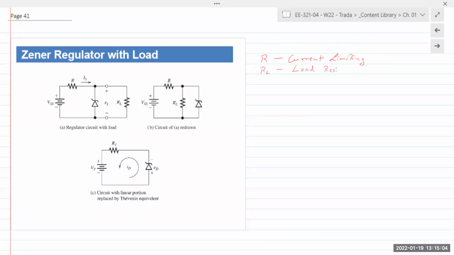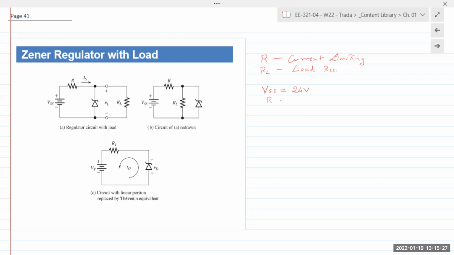Now we are given, let's see all the information. VSS, take a look at my notes. Right here. Okay, VSS is given to us as 24 volts.